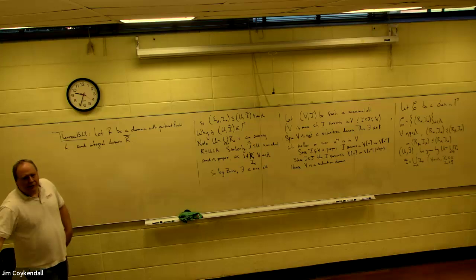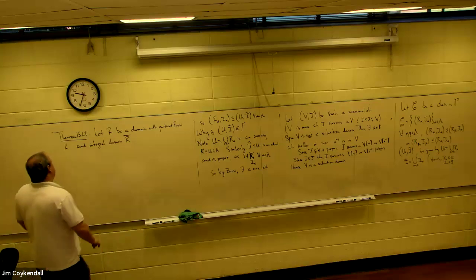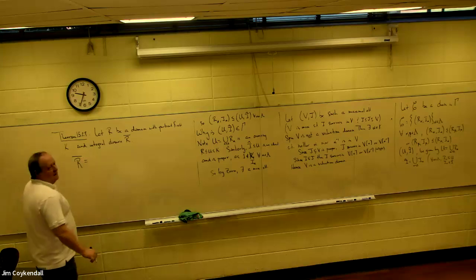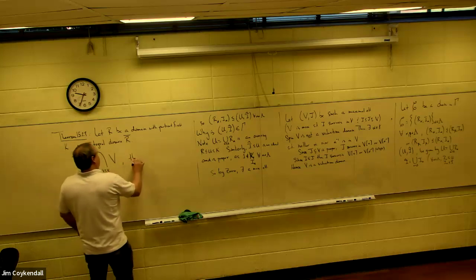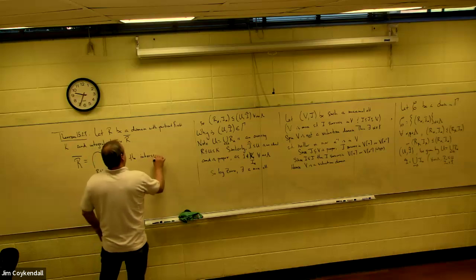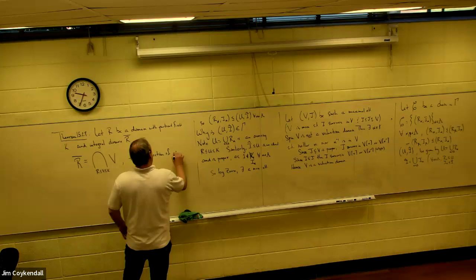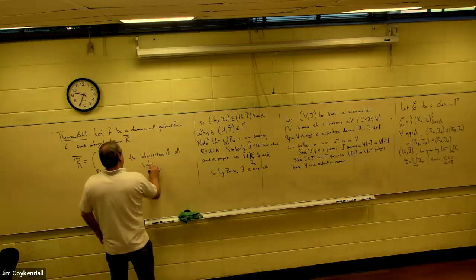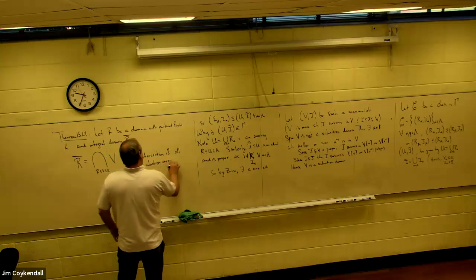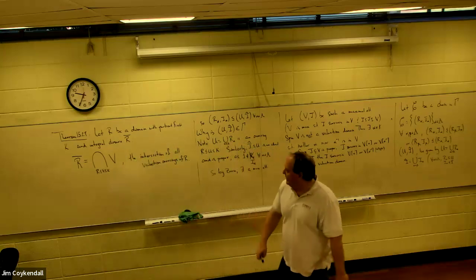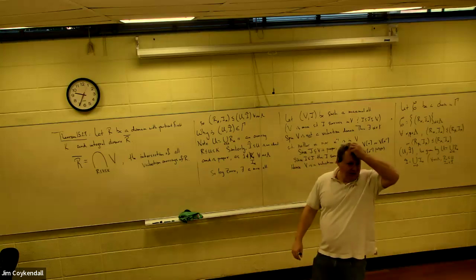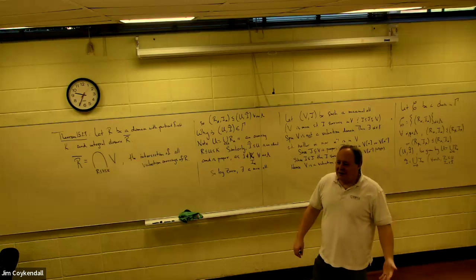Remember, the integral closure is just the set of everything in the quotient field that happens to be integral over R. The integral closure of any domain is the intersection of all valuation overrings of R. What the heck does that have to do with anything, right?